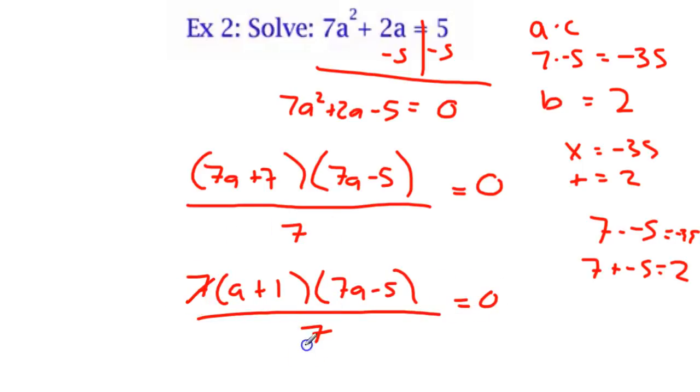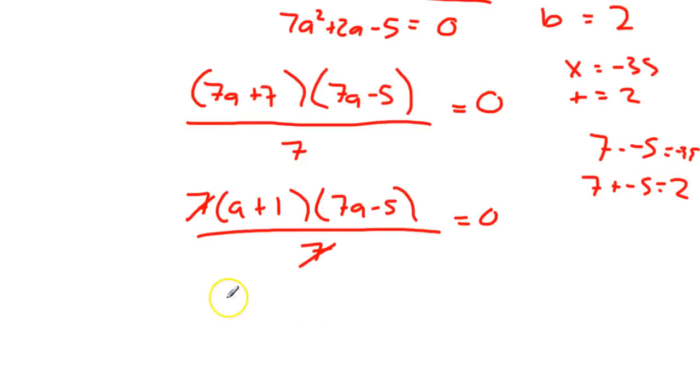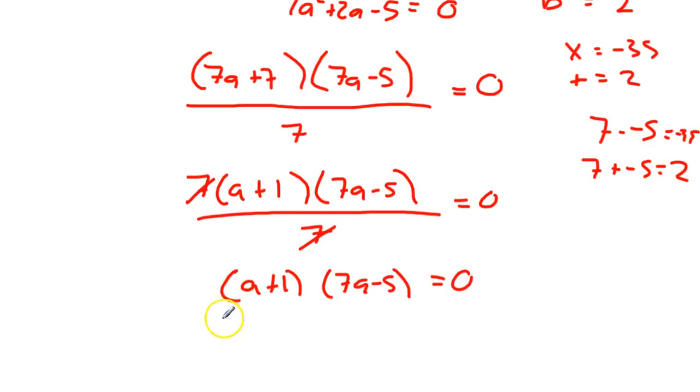Now that 7 and that 7 cancel, so I have a plus 1 times 7a minus 5 equals 0. The zero product property says I need to set each of these equal to 0. So I do a plus 1 equals 0, or 7a minus 5 equals 0.